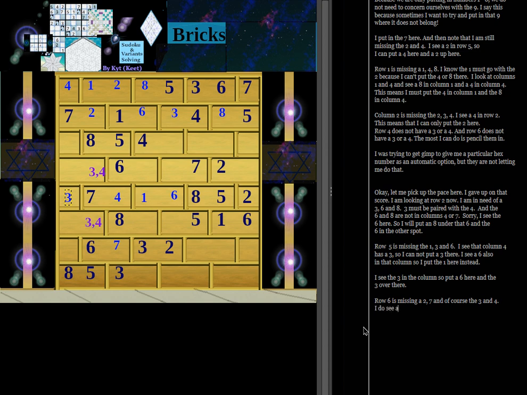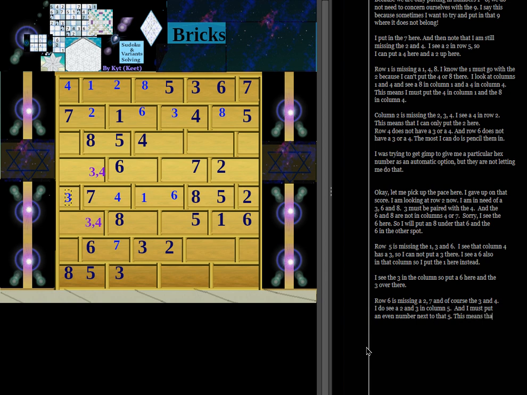I do see a 2 and 3 in column 5. And I must put an even number next to that 5.